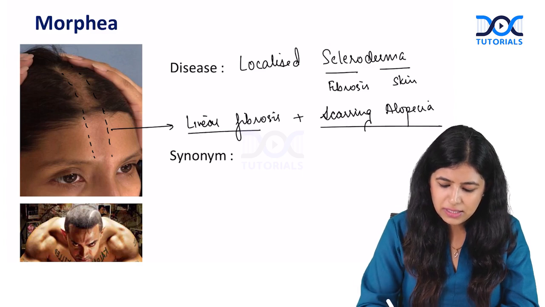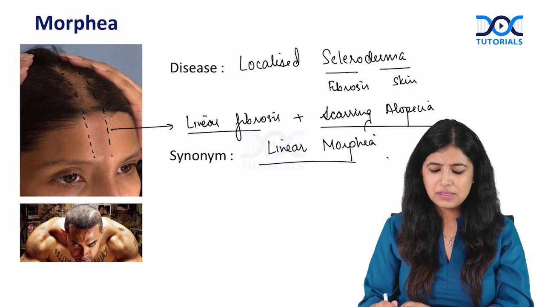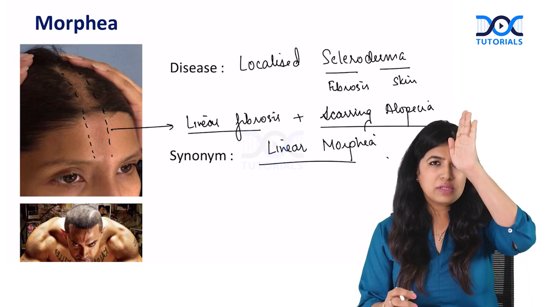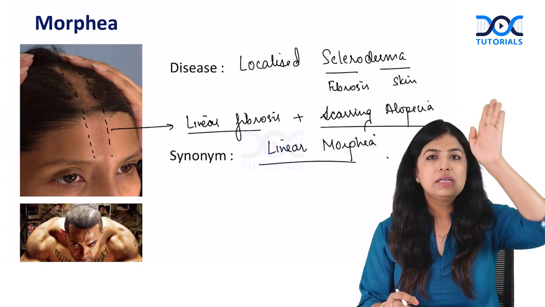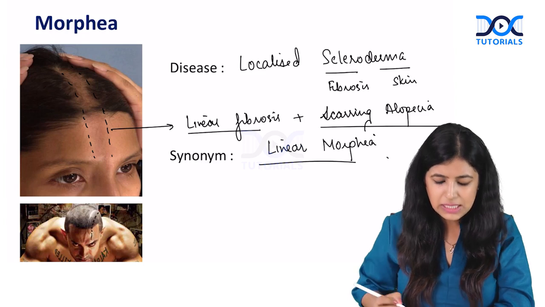This together is called as linear morphea. And when you look at the patient, it appears as if they have been hit with a sword. The scar is on the forehead extending to the scalp. This, as you see in the image here of Aamir Khan also, the scar on the forehead extending to the scalp.